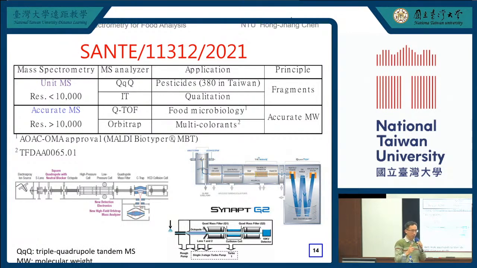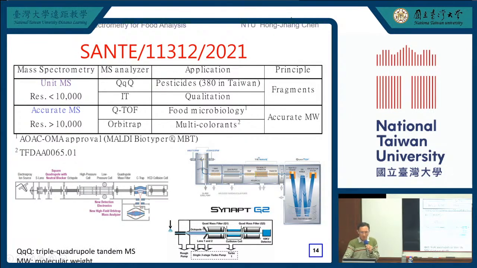Am I clear? Of course, MS/MS could also be done by QTOF. This one is Q, quadrupole, and this one is TOF. So they use QTOF as a mass analyzer. For the Orbitrap, in fact this one should stand for Q-Orbitrap, but Orbitrap is a trademark.